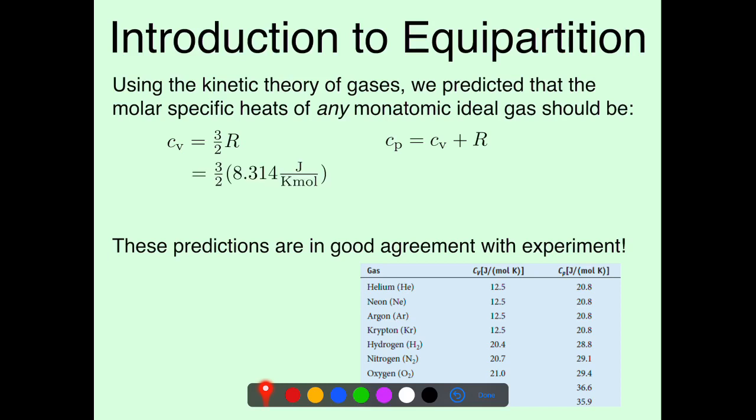And so if we do it for CV, we have 3/2 times 8.314 joules per Kelvin mole, which works out to 12.5 joules per Kelvin mole.